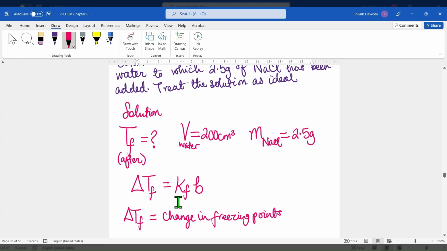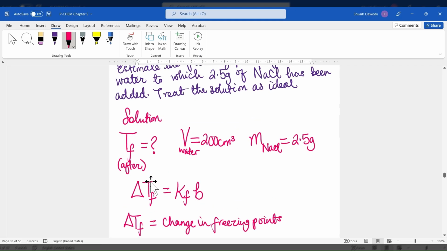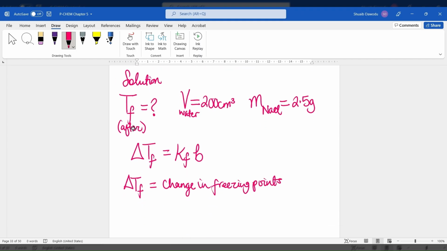So the change in freezing point is just the difference between the temperature before mixture and the temperature after mixture: the temperature of the pure water and the temperature of the salt water solution.